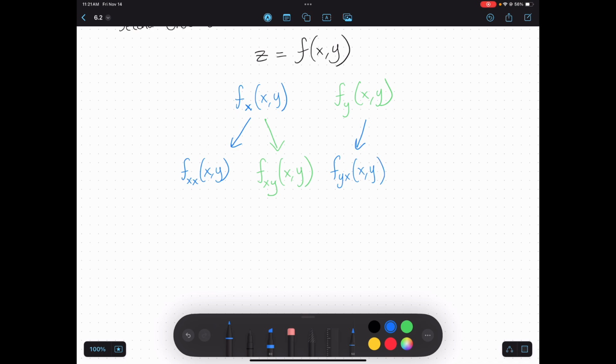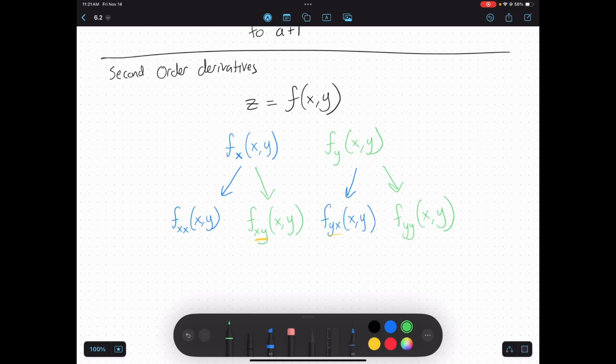Do you see the difference between those two? Even though they both involve xy, the first one means I took the derivative in terms of x first and then in terms of y, while the second one is I took the derivative in terms of y first and then in terms of x. And then, of course, my fourth option is just taking the derivative in terms of y twice. So four different second-order derivatives for a function with two separate independent variables. And that's how second-order derivatives work with multivariable functions.